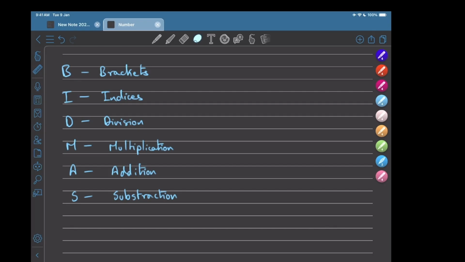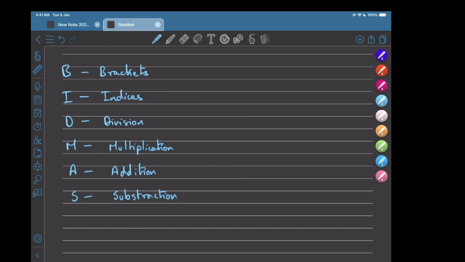You need to follow the priority list, and BIDMAS is just a mnemonic to remember it. You simplify whatever is in the brackets first, then solve the indices, then handle the division, then multiplication, then the addition, then the subtraction.